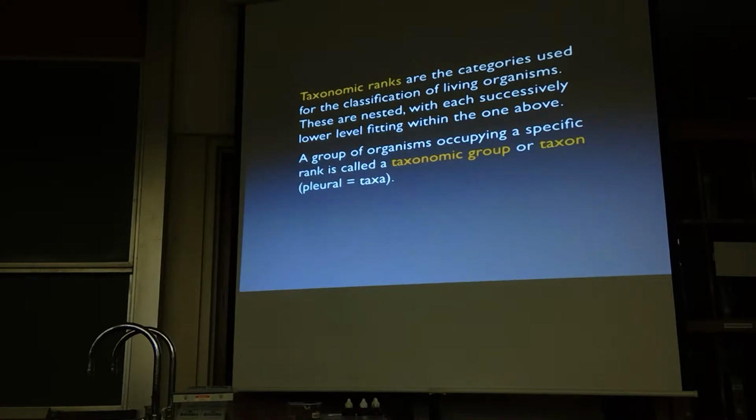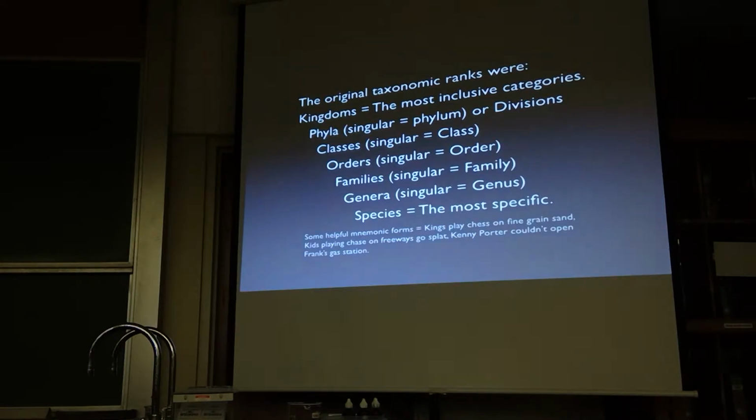So if you have one big category, let's say your big category is a bedroom. Within that bedroom, there are smaller categories. Over here, there's a dresser, and over here, there's another dresser. Within those dresser categories are drawers. And this one has 6 drawers, and this one has 6 drawers. Categories, right? The categories are nested. Each specific category is a taxonomic group or a taxon. Plural is taxa.